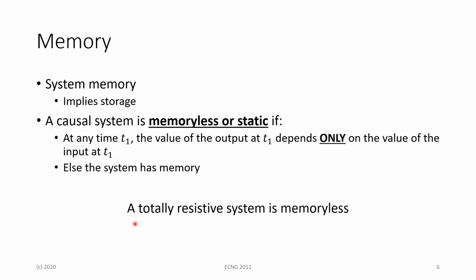If you have a fully resistive system, with only resistances, it doesn't store any charge whatsoever, so that's a totally memoryless system. But once you have capacitors, inductors, or anything that stores charge, your system now has memory.